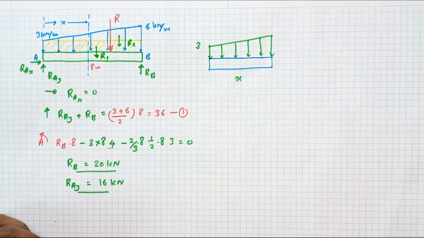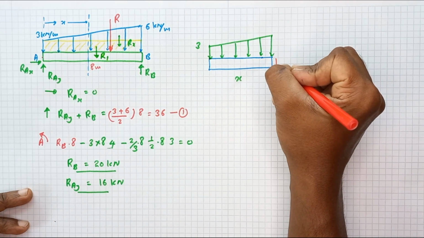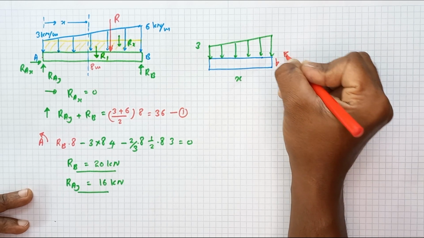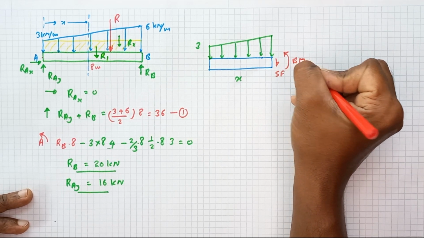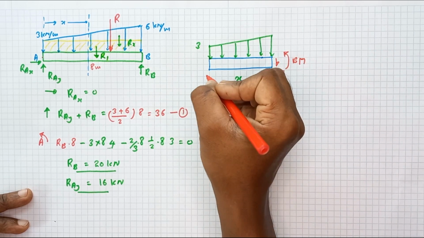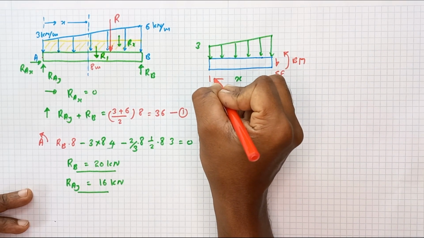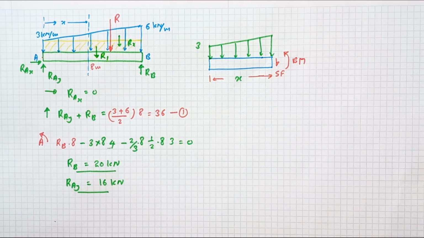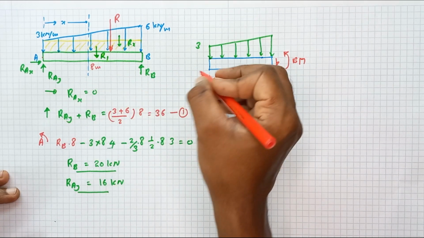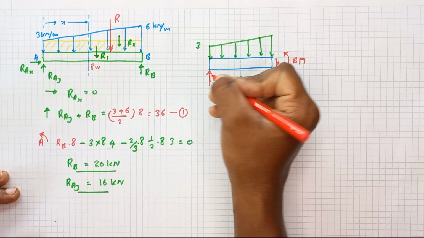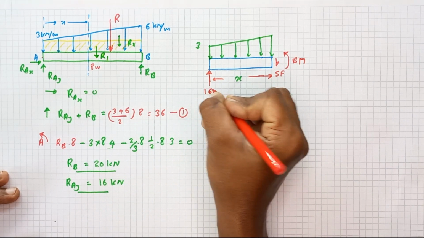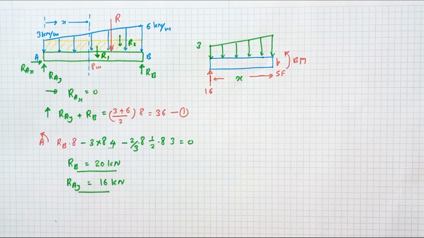So let me mark the shear force and the bending moment. Okay, so length is equal to x. Then here RAY, so we mark RAY is equal to 16. See the free body diagram for this separated beam part.